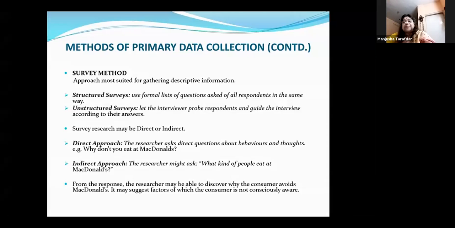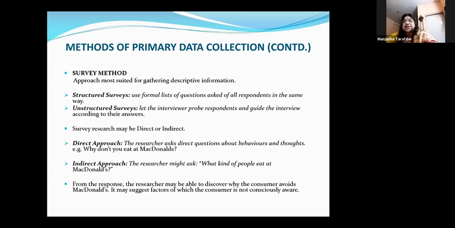But the indirect approach will be like this: what kind of people eat at McDonald's shop? So from the response, the researcher may be able to discover why the consumer avoids McDonald's food eateries.